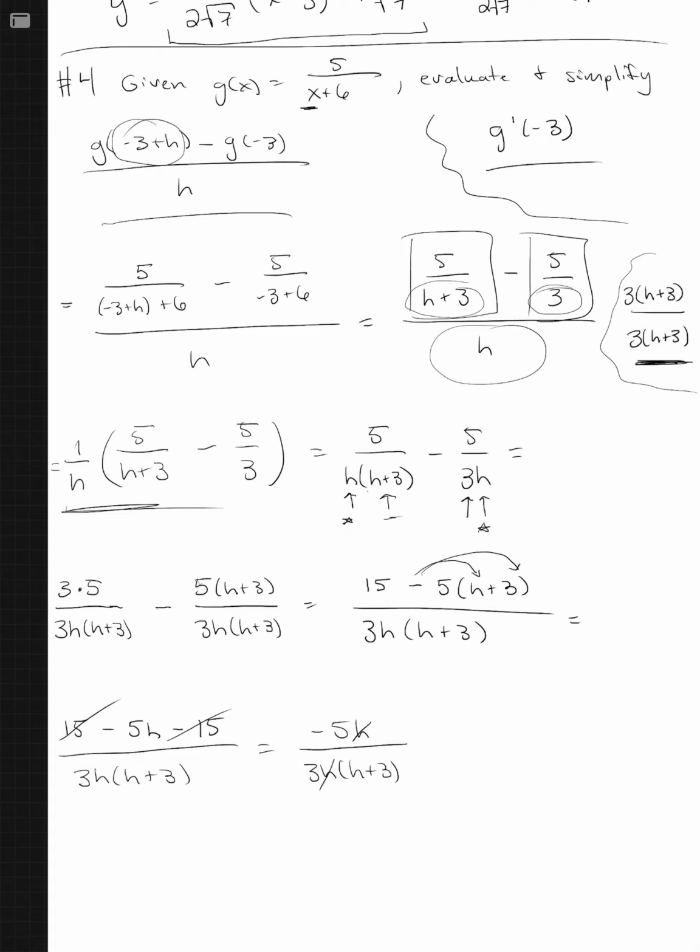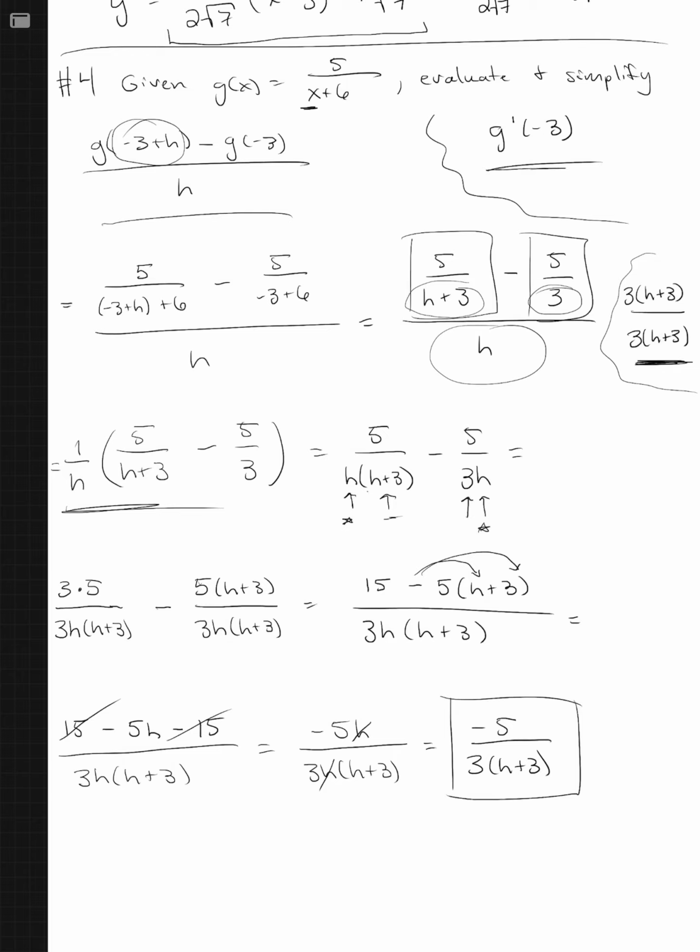Now this h is a factor and this h is a factor, so we get -5 over 3 times h plus 3. And there's not really anything we can do to simplify that guy. Right? So that's going to be our final answer once we evaluated that difference quotient and then simplified it as much as we could. Right?